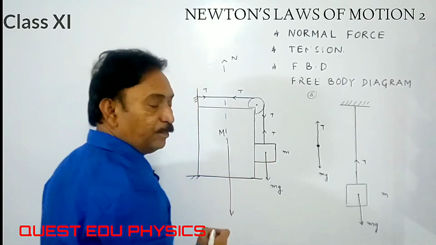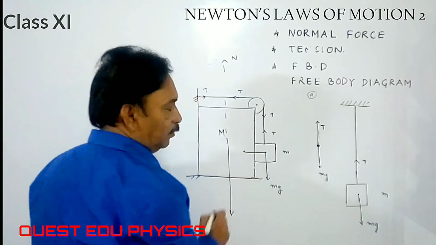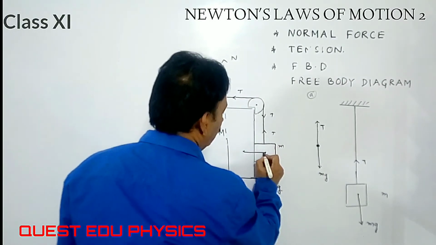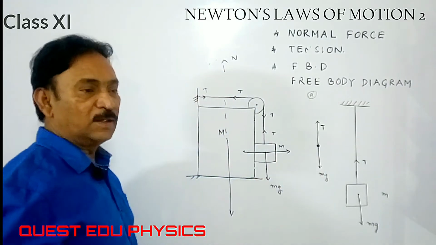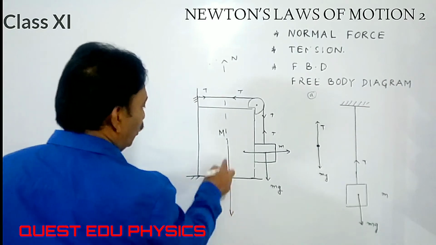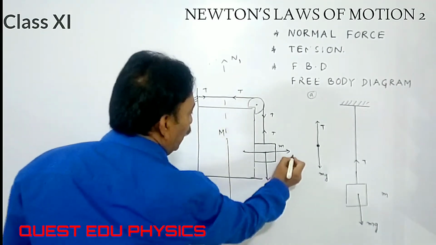This is the mass which is in contact with this surface, and the normal reaction is active. Let's say this normal reaction is N1, and it is mg, and this is N2.